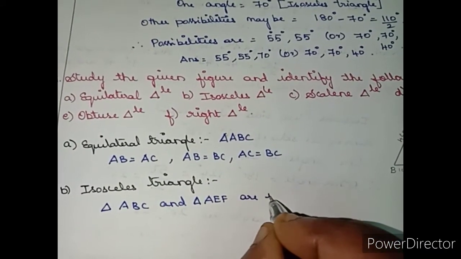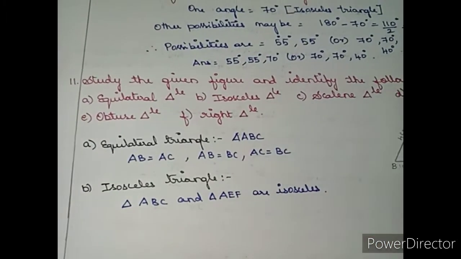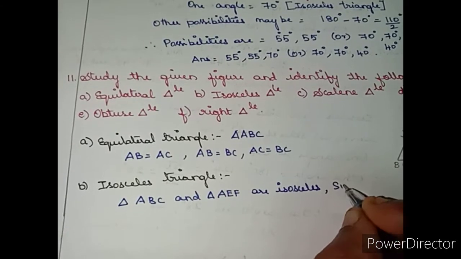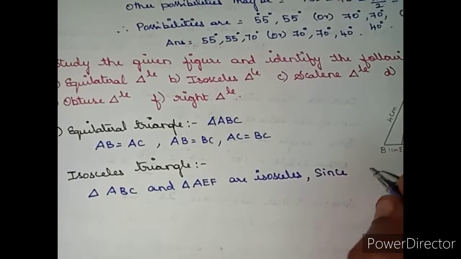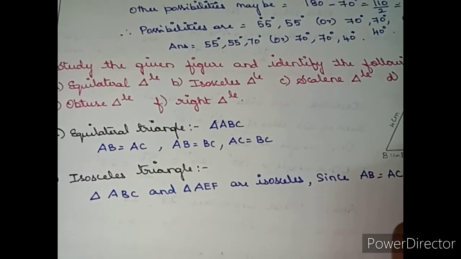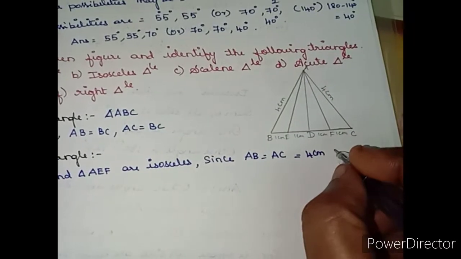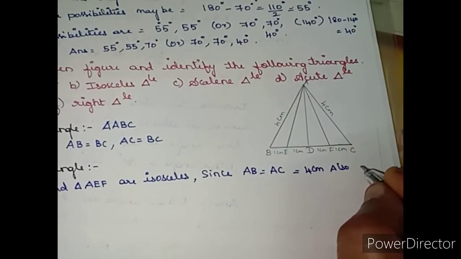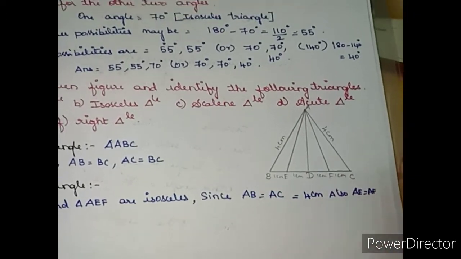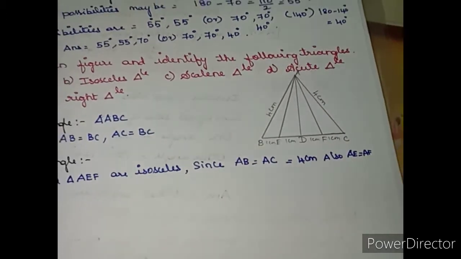Are isosceles because AB is equal to AC is equal to 4 cm. Also, AE is equal to AF. So, AE is equal to AF. So, that is also 4 cm.